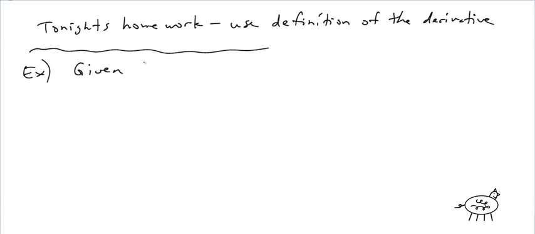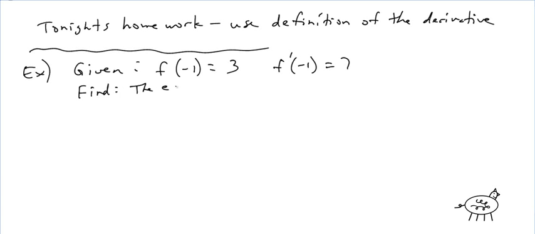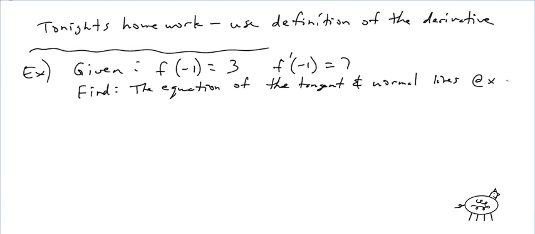It's a good example. If you're given f of negative 1 equals 3, and you're given f prime of negative 1 equals 7, I want you to find the equation of the tangent and normal lines at x equals -1.